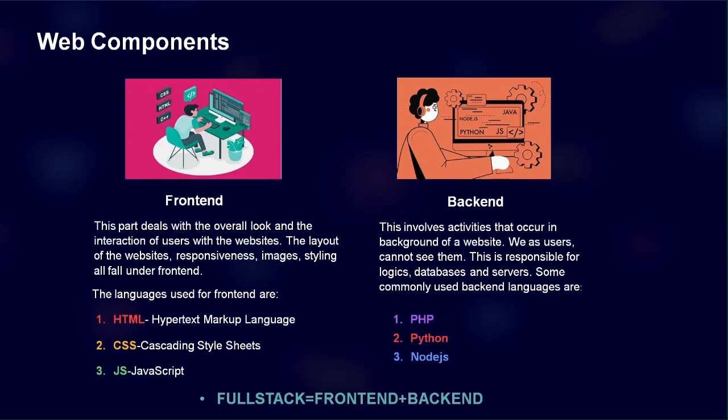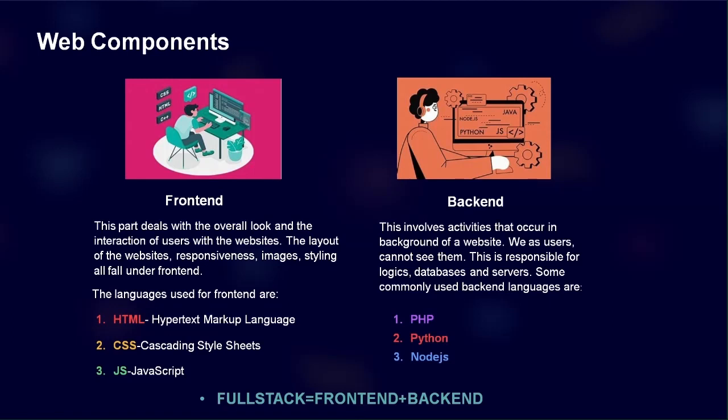The layout of the website, the styling of the website, the responsiveness, the color, the border, margin or padding used, whatever is visible to us as users of that website falls under the category of front end. All the activities that occur in the background of the website related to servers or the databases fall under the backend part of a website.